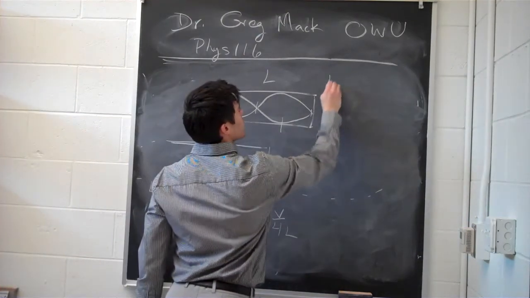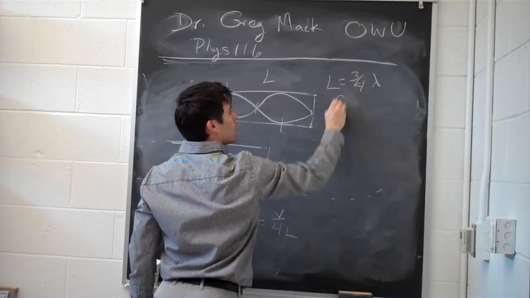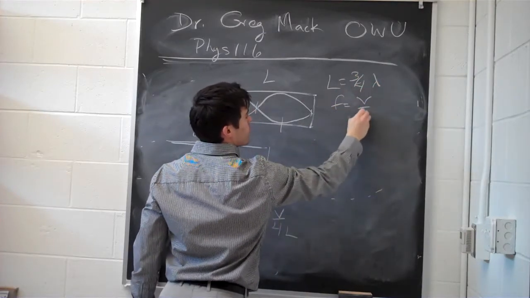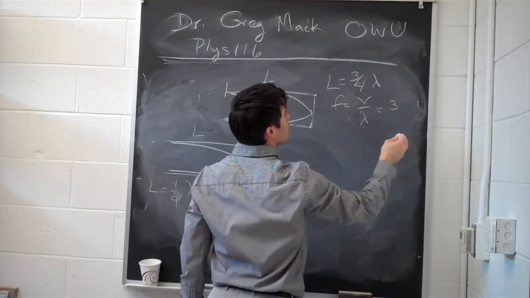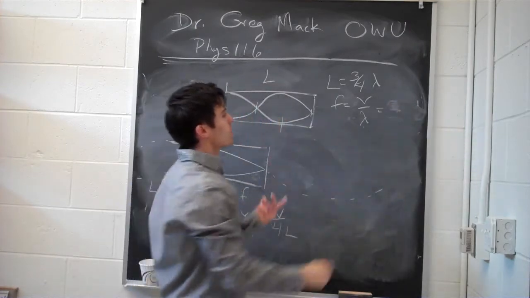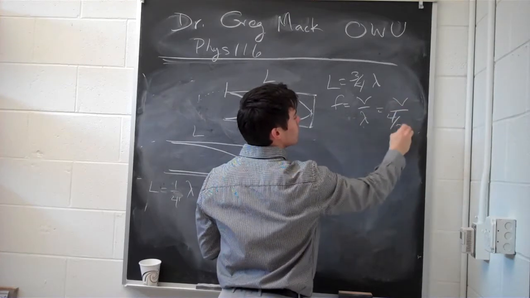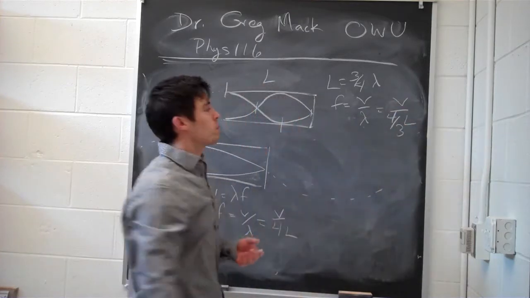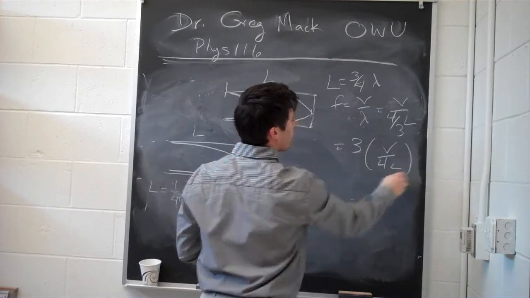So that means that the length is 3/4 of lambda, or the frequency, being V over lambda, is equal to V over 4/3 L for the denominator, which means that we end up with 3 times V over 4L.